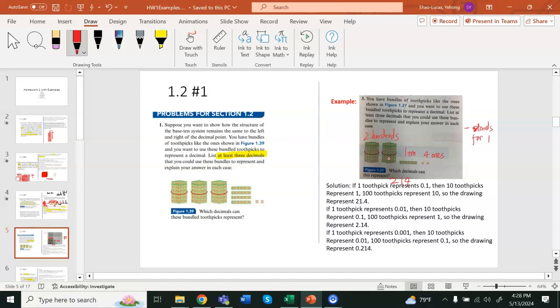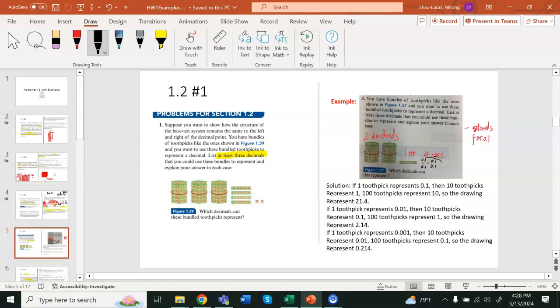But if we change the value of what 1 toothpick represents, so for example, it's not 1, it's 0.1, then each of these individual ones represents 0.1. So you have 0.1, 0.1, 0.1, and 0.1.